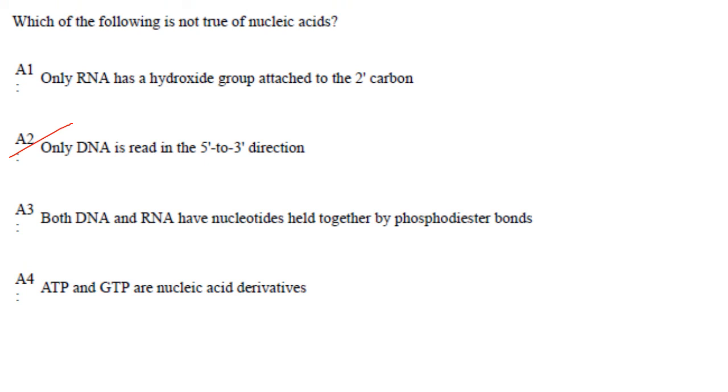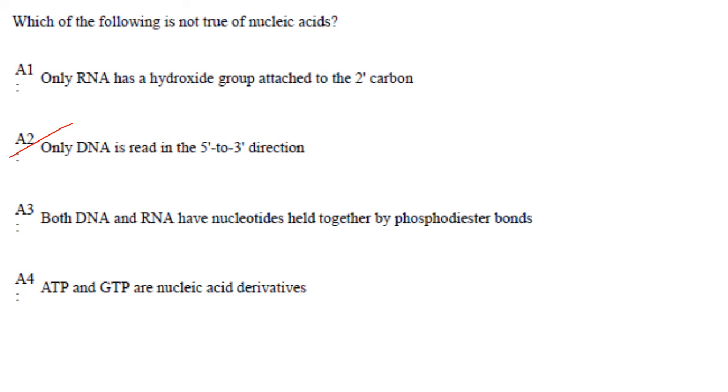Then which of the following is not true of nucleic acids? Only RNA has a hydroxyl group attached to the 2' carbon. Yes. Only DNA is read in the 5' to 3' direction. Not only DNA, even mRNA is read in the 5' to 3' direction.